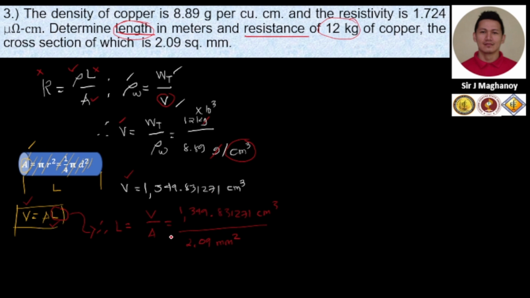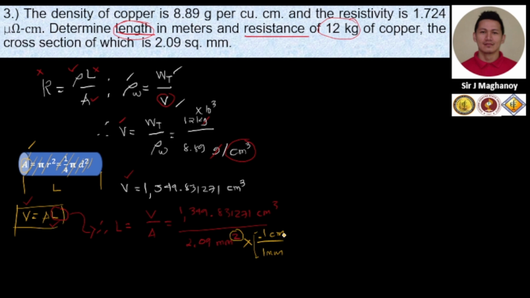So all we need is to convert in order to eliminate the units. We need to convert the cross-sectional area to centimeter. In every 1 millimeter, we have 0.1 centimeter. Remember, we are in square.